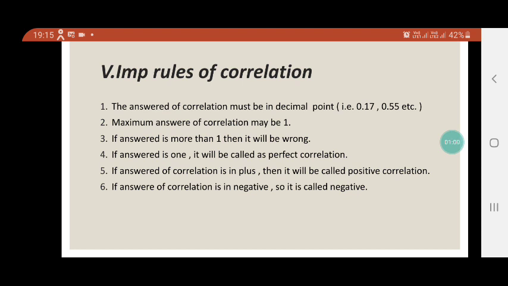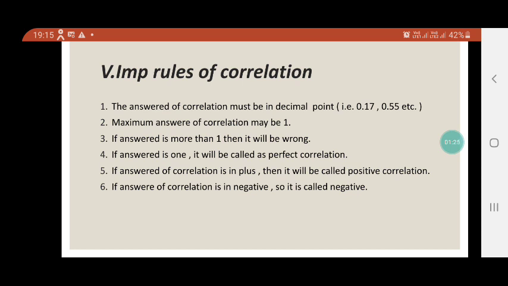Okay, so in today's lecture we are going to see some important rules of correlation. These important rules of correlation will help you to check whether your answer that you have calculated by applying a particular formula is true or not, is accurate or not. It will help you to recognize whether you're doing things rightly or you're going wrong somewhere.